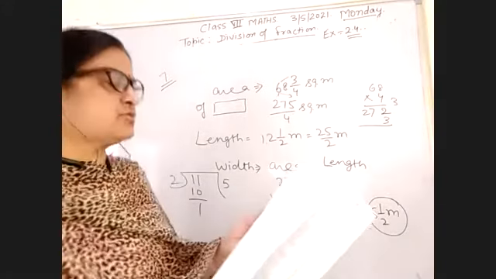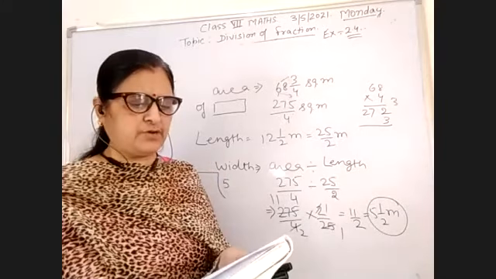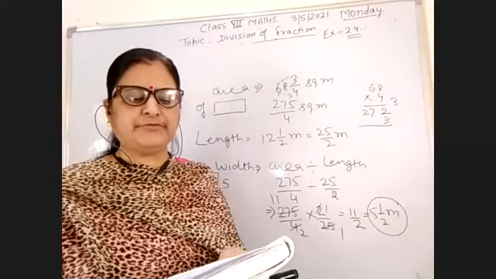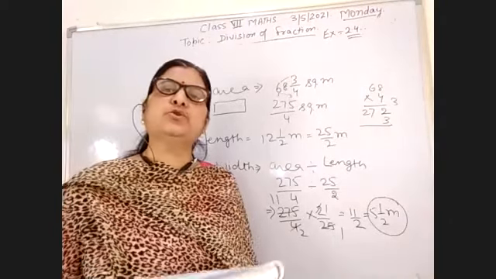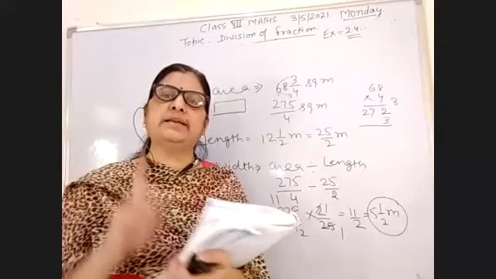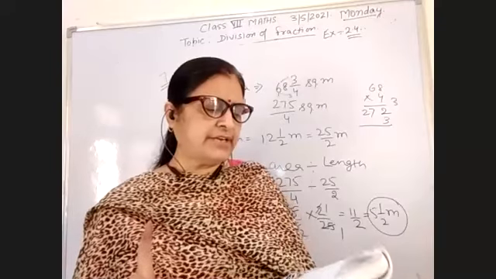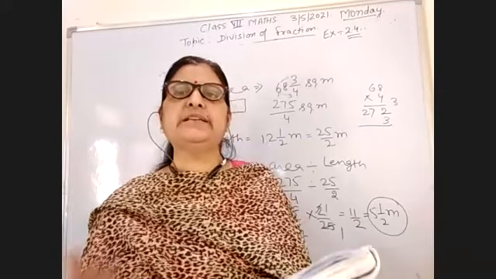And the last two questions, I will give you brief information about these questions. In a school, 25/54 of the students are girls and the rest are boys. So let the total number of students be 1. 25/54 of the students are girls, so the remaining are boys.